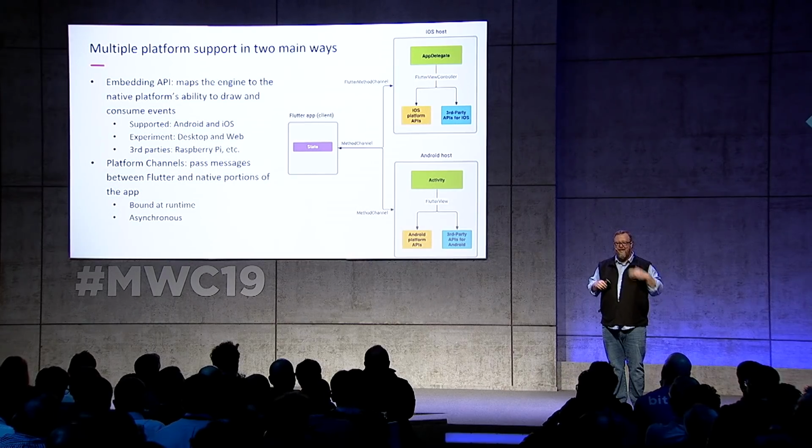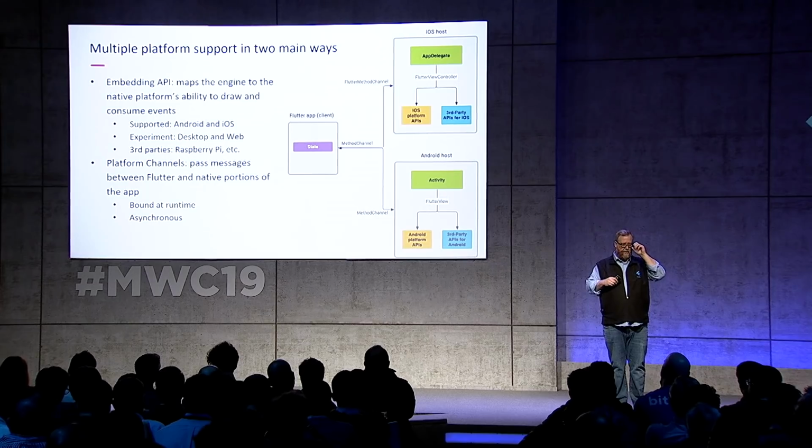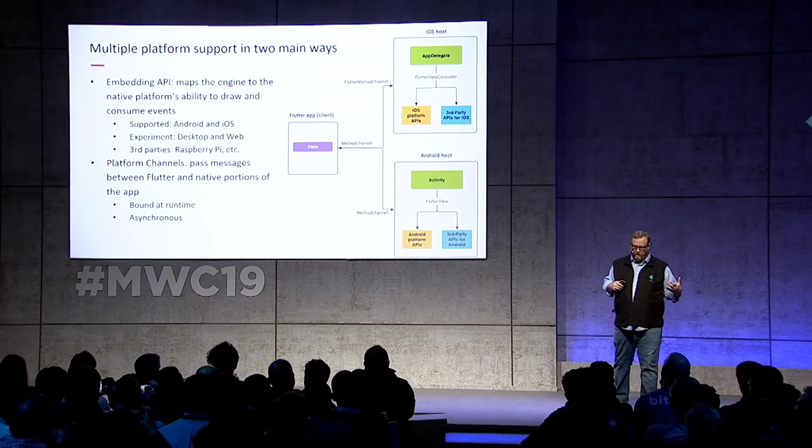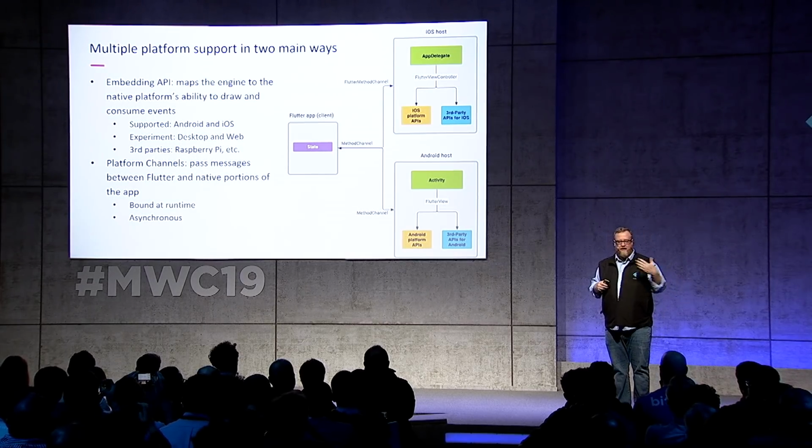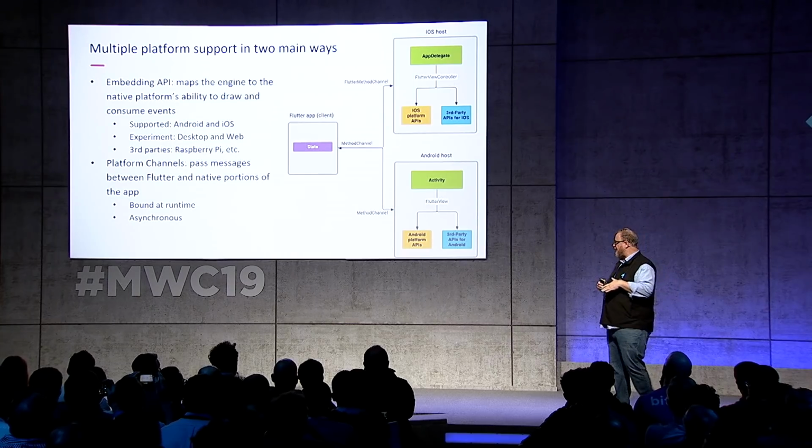Okay? Plus, oh, there's an event, right? Somebody touched something, or somebody moved a mouse, or clicked on a keyboard, right? Those kinds of things are platform specific. So there has to be a mapping. That mapping is called the embedder API. And what we've done at the Flutter team is provide implementations for both Android and iOS.